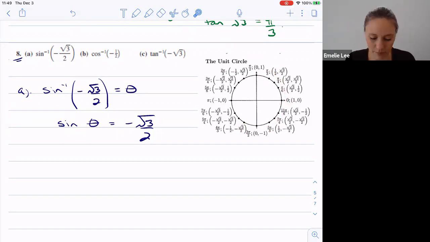So that's why I'm blocking off this side. I'm not looking at that side for sine or tan. So I see that the terminal point, 5π/3, is the point that I want, right? So theta is 5π/3. Okay.